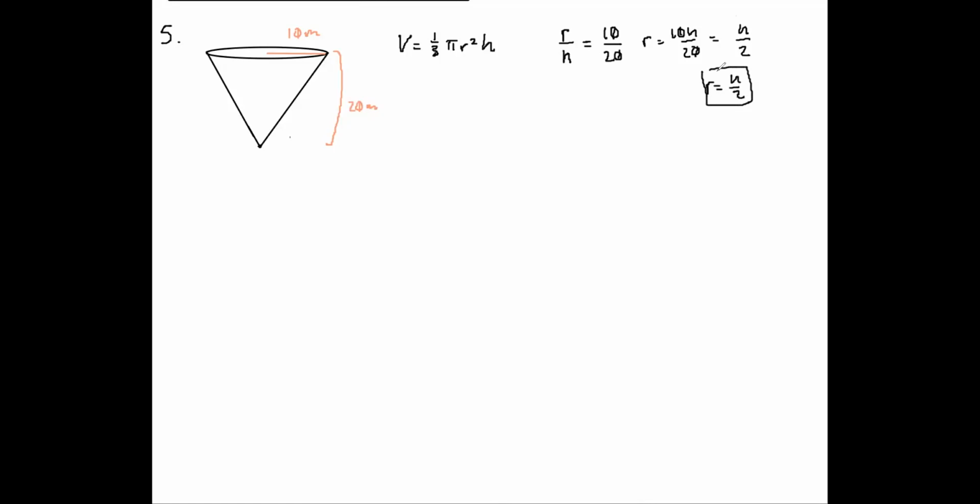Now I can go back to my original equation. V is equal to 1/3 pi times h over 2 squared times h, which is h squared over 4 times h. So our final equation for the volume is V equals 1 over 12 pi h cubed.